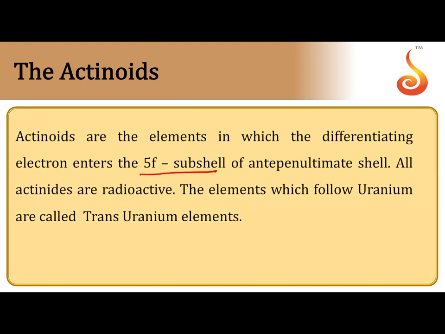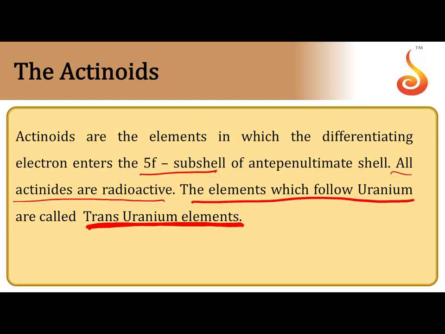In these elements, the differentiating electron enters into the 5f subshell. All actinoids are radioactive. The elements which come after uranium are called transuranic elements. From 93 onwards, they are all synthetic or man-made elements.